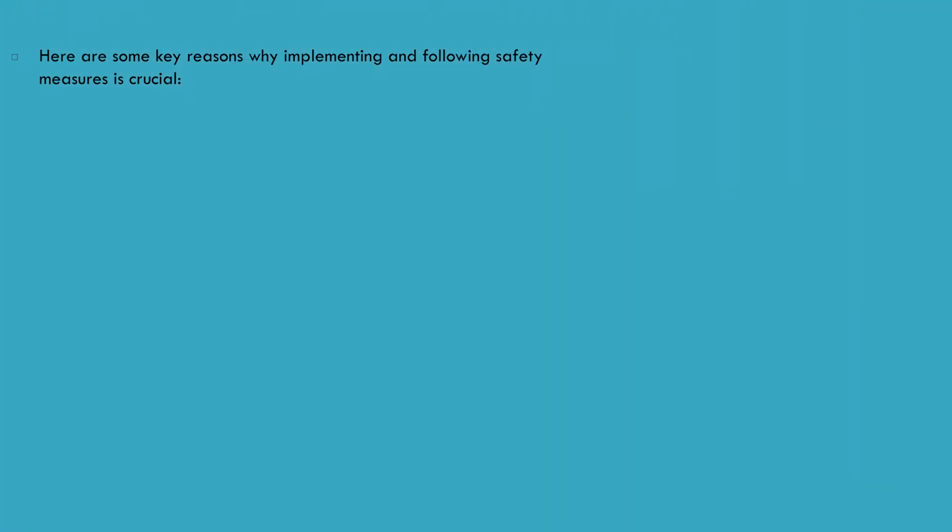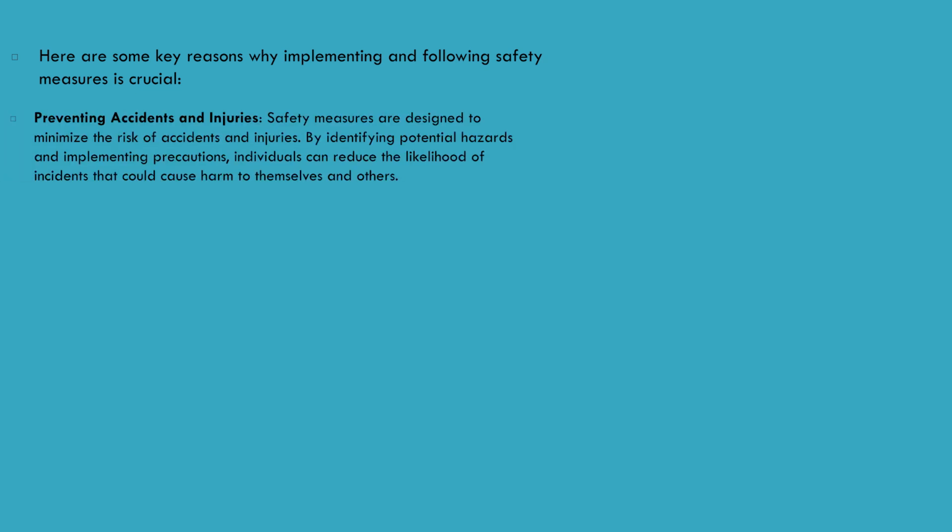Here are some key reasons why implementing and following safety measures is crucial. Preventing accidents and injury. Safety measures are designed to minimize the risk of accidents and injuries by identifying potential hazards and implementing precautions. Individuals can reduce the likelihood of incidents that could cause harm to themselves and others.